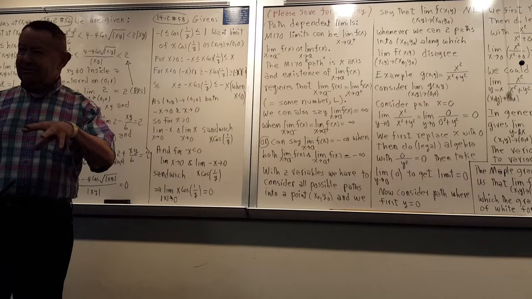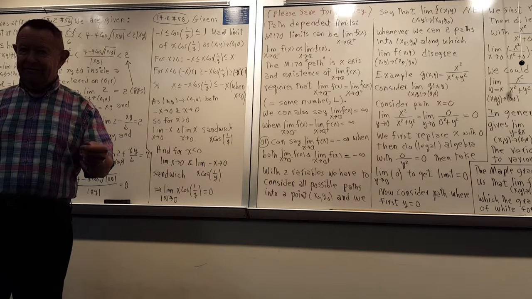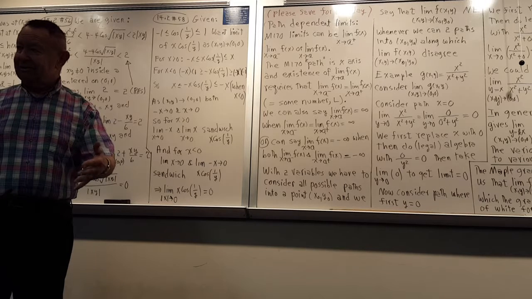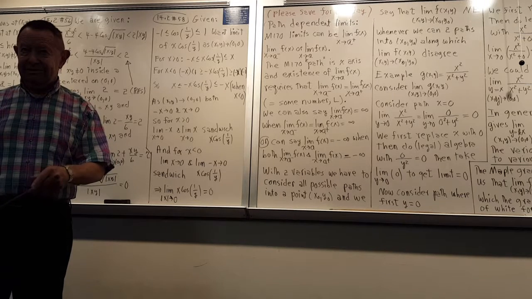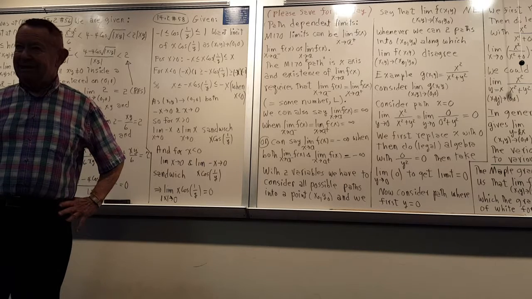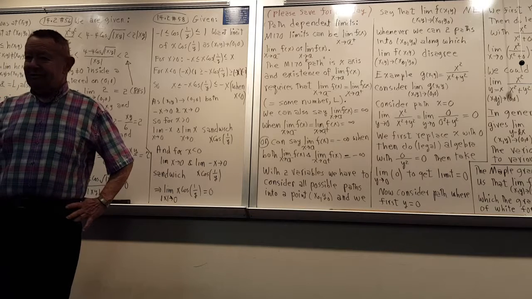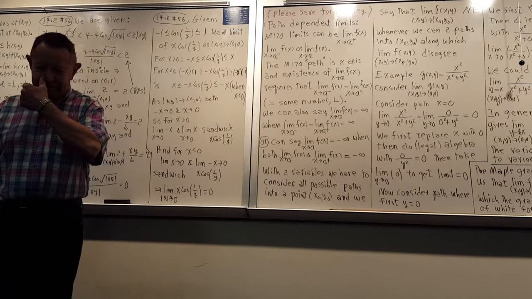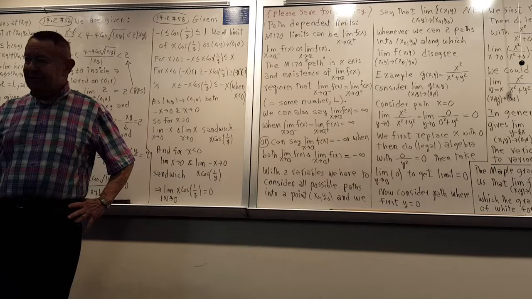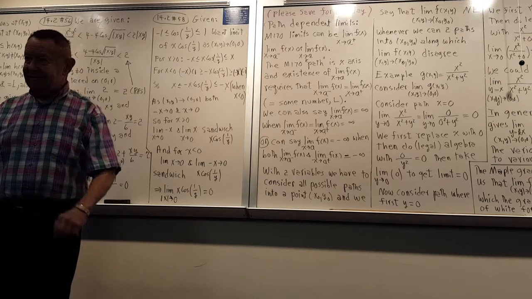So to say that there is a limit at the origin means that every path you could imagine has to produce the same answer. Well, you can't check all of infinitely many choices, of course, but what you can often do, and that's what's in the homework, is prove there's no limit by finding 2 paths that give you different answers.